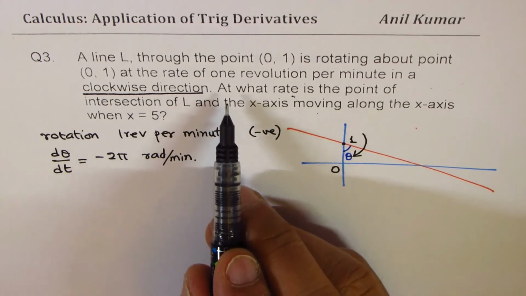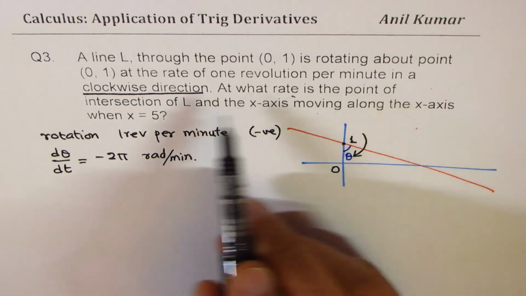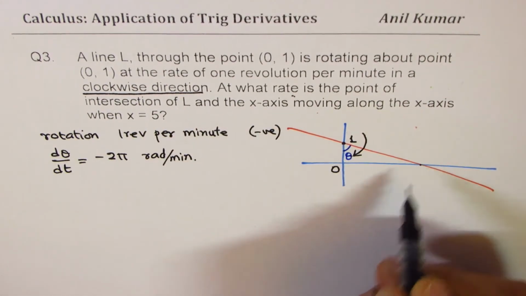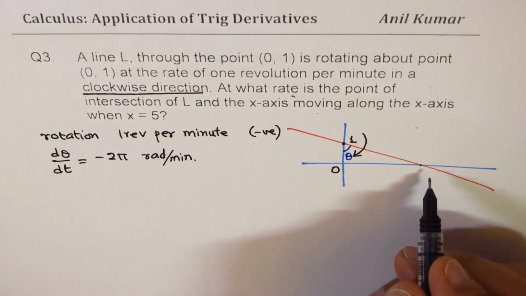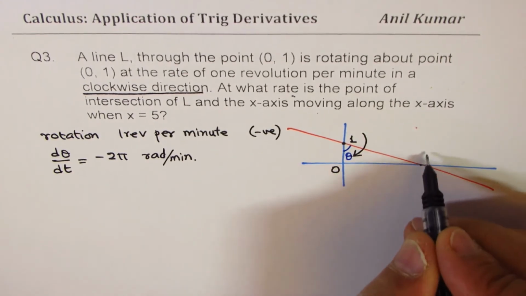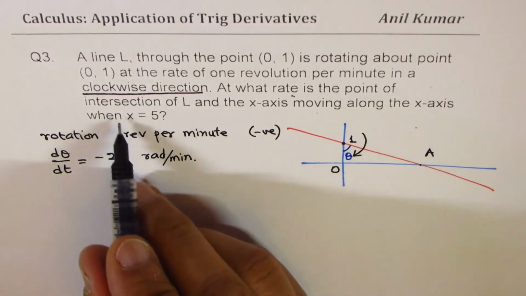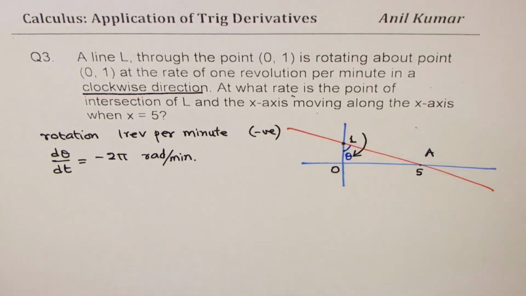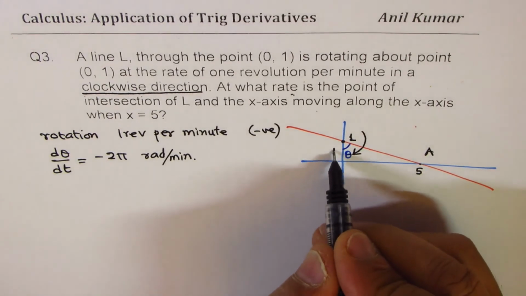Now we want to find at what rate the point of intersection of L and the x-axis is moving. Let's say this is the x-intercept. So this point is moving. Let's call this point A, when x is 5. We know this is fixed at 1.